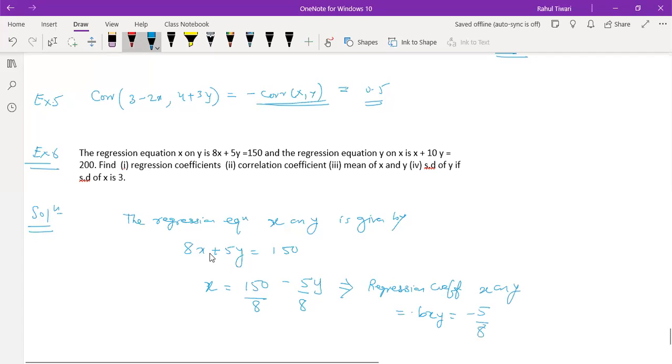Please let me know if you have any question. Go to chat box and write down whether you understand how to get the regression equation x on y. If you understand, type y in chat box.